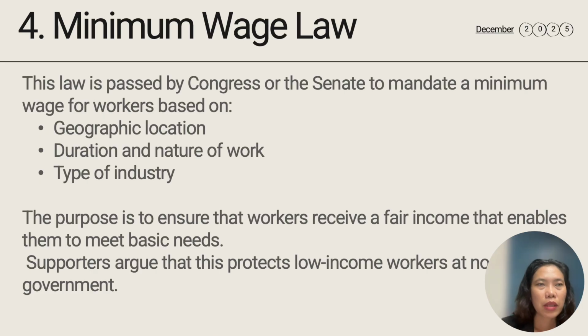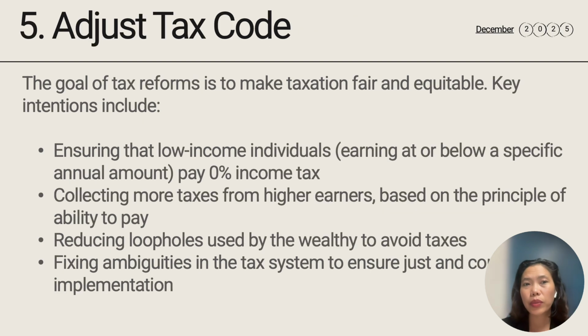So this is done with a computation to derive what is the minimum wage for a specific region or specific area. So supporters argue that this protects low-income workers at a non-government offices also.